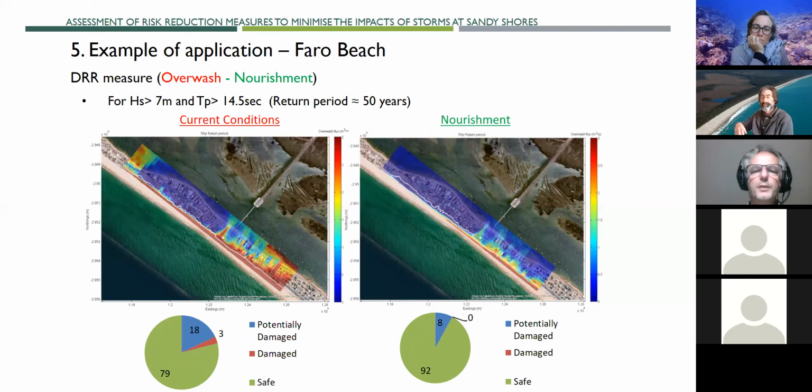I'm starting with the storm with the return period around 50 years. It is a storm that I have here higher than 7 meters. In fact, it is almost 8 meters, and a peak period of almost 15 seconds. So this is a storm with a return period of 50 years for this area.